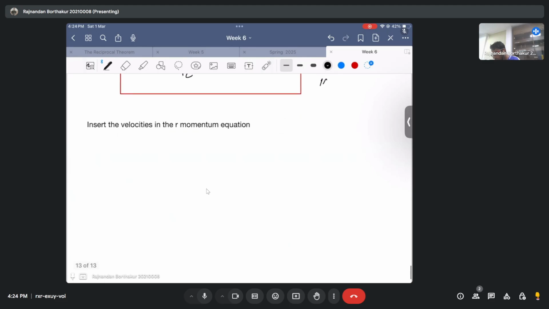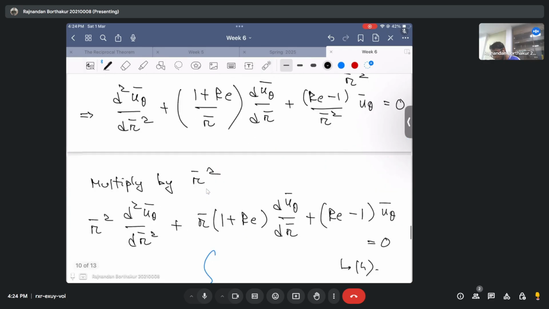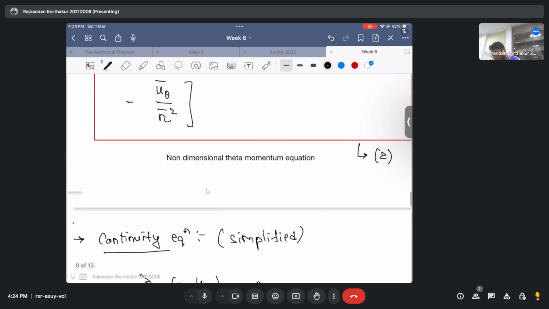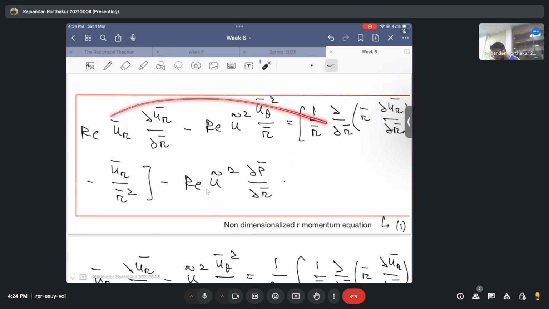So the R momentum equation, if you remember, is this. We'll just use the fact that my U_R bar is just minus 1 by R bar, and U theta bar is just 1 by R bar, to calculate what P bar would look like. But for that, we need to evaluate certain things. We need to evaluate this term, and this term, and let's just do this.